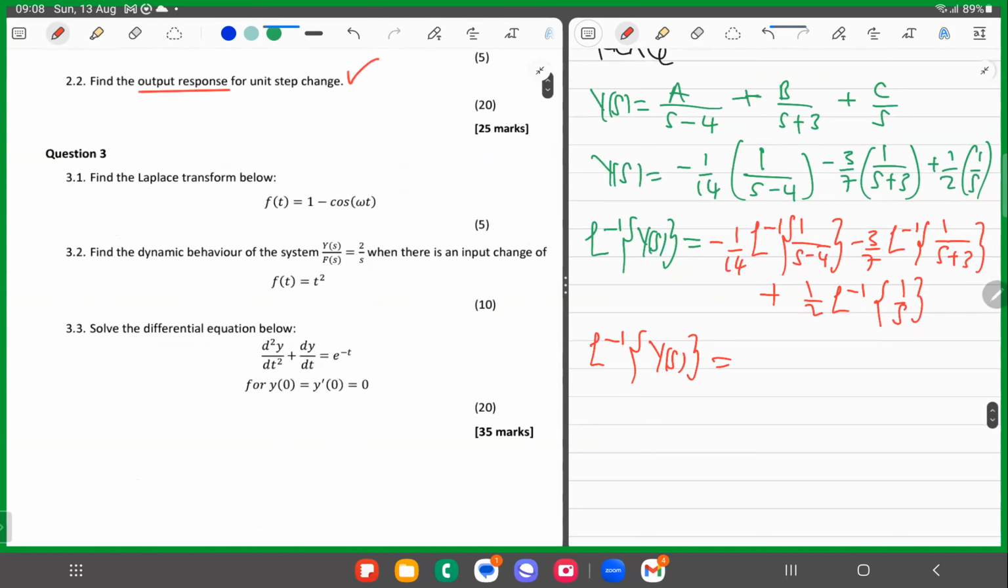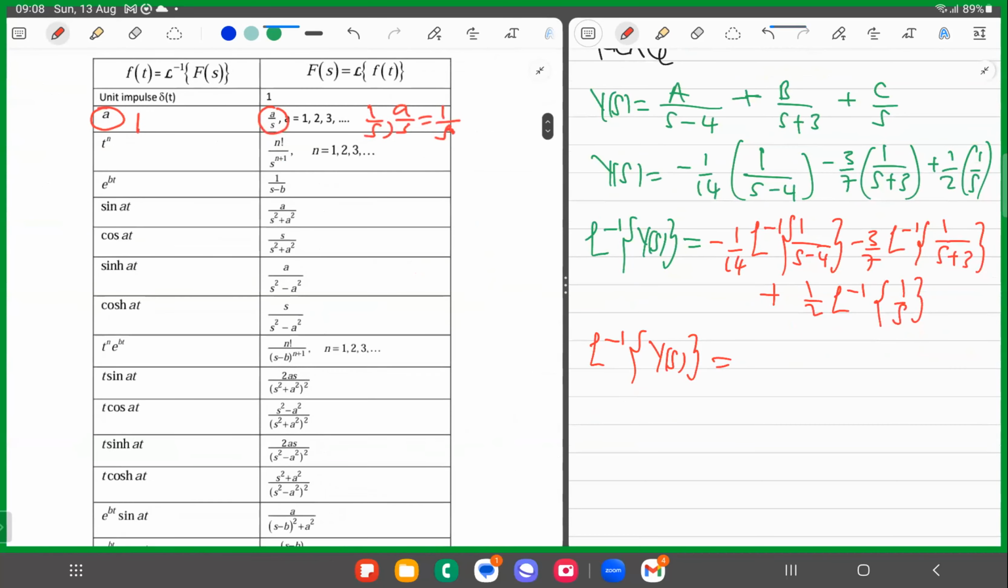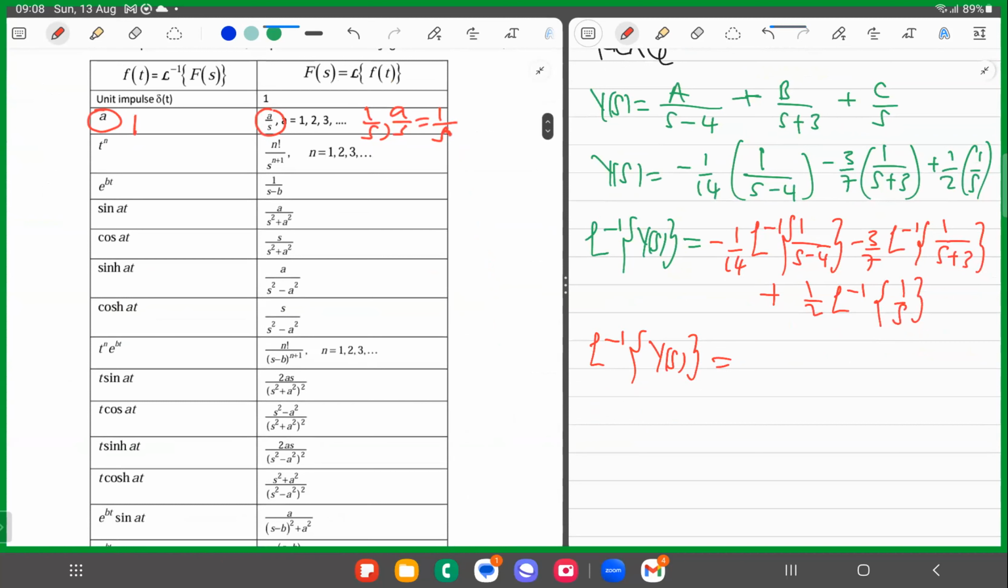So use the table. If it is s minus b, then it is e to the bt. So you'd have minus 1/14 e to the 4t, for example, like that.